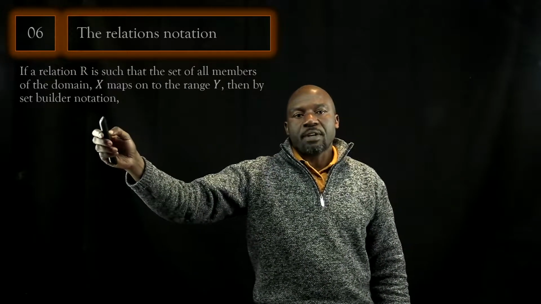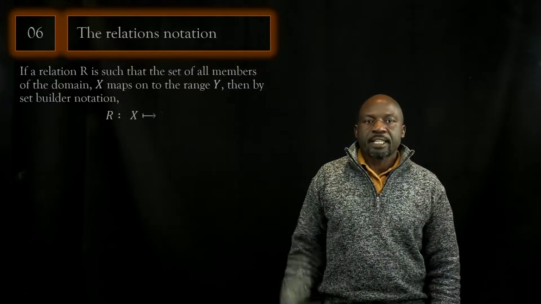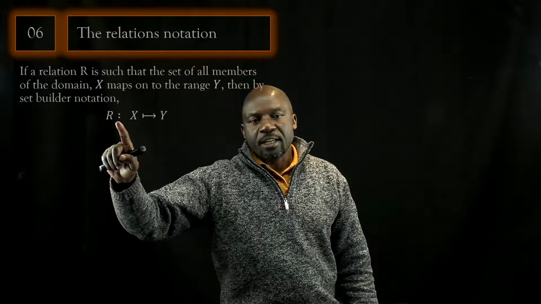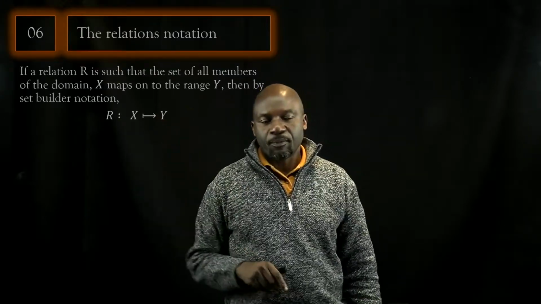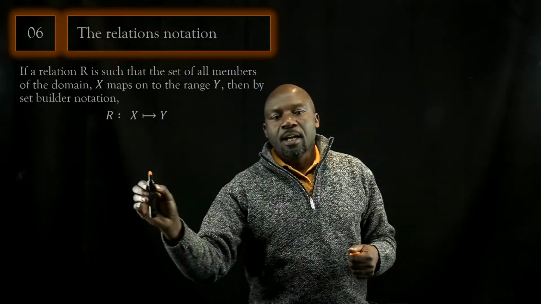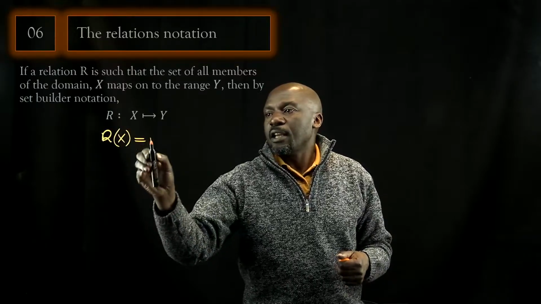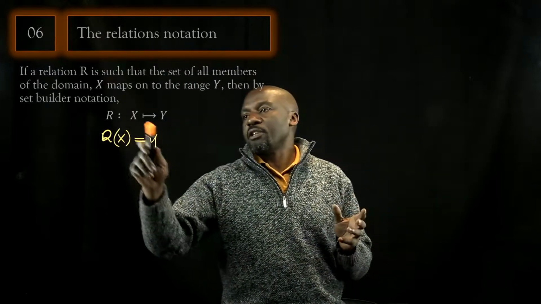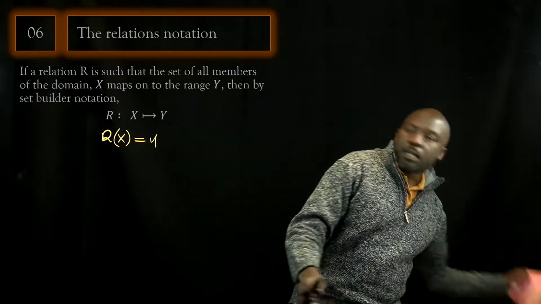Then by set builder notation, we write R, and we read this as R is such that x maps onto y. We could simply write R of x is y. That is what it means. Same thing that you have seen before. R of x is y. That's what this really means.